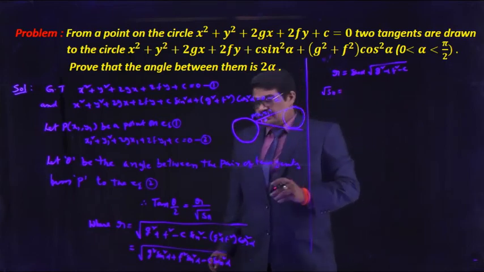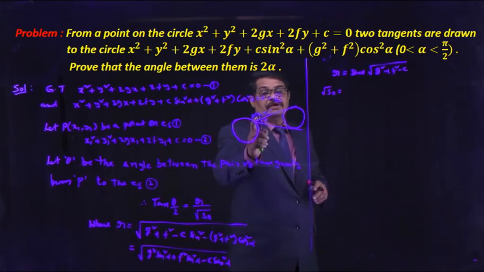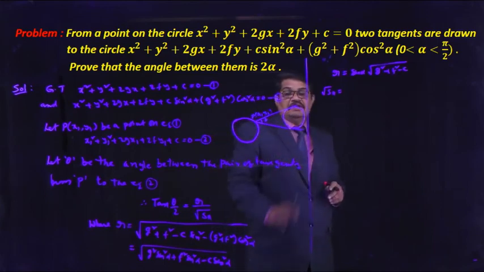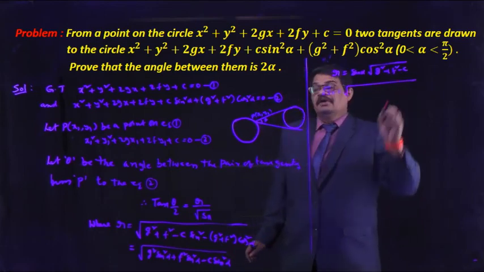What is root of S11? The point x1, y1. So from the point to the second circle, the length of the tangent. That is, we have to substitute the x1, y1 in the second circle.